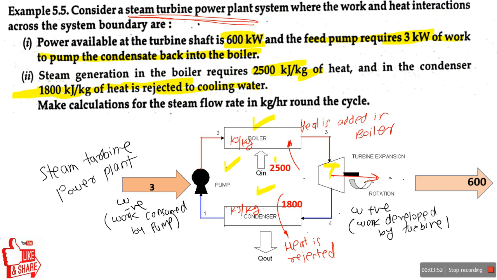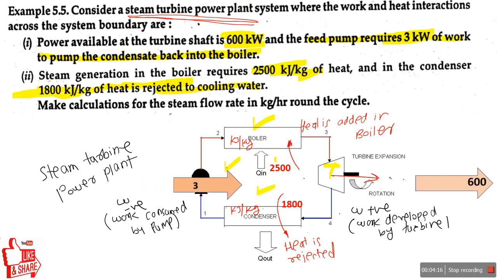What amount of power is developed by the turbine? Some amount of power is consumed by the pump to run the pump. After the condensate, the water is again fed into the boiler. So the condensate pump consumes some power, around 3 kilowatt. Out of the total 600 kilowatt, 3 kilowatt is consumed by the pump.